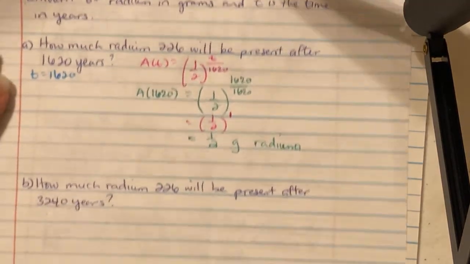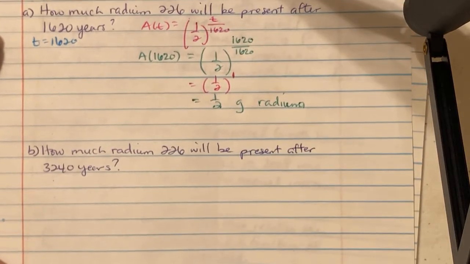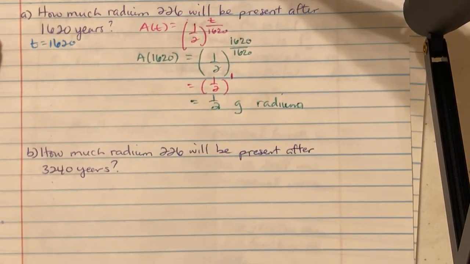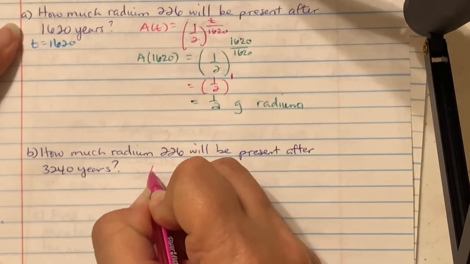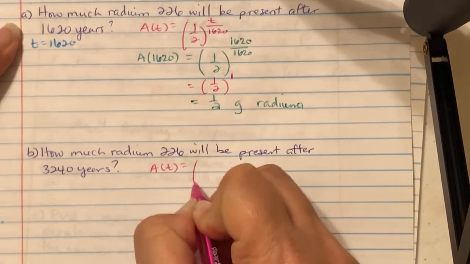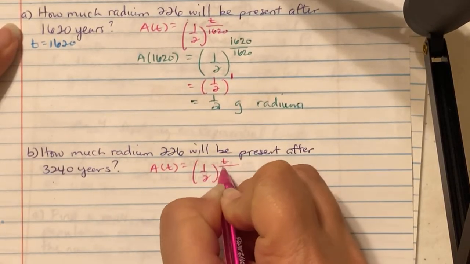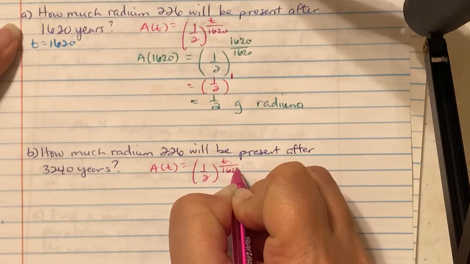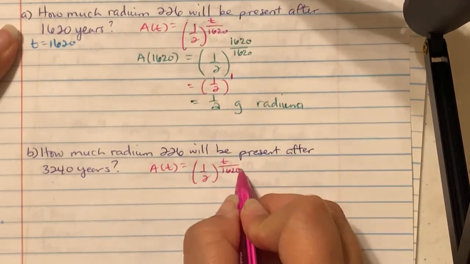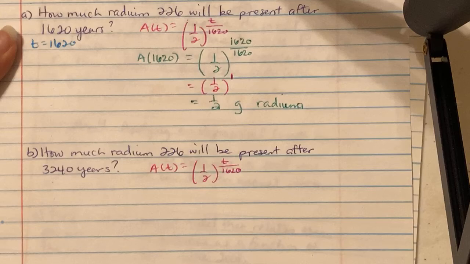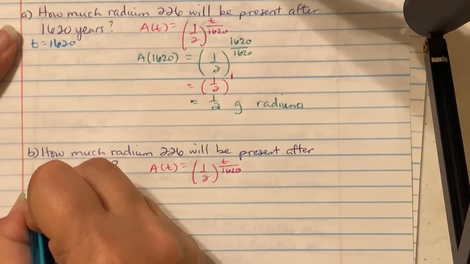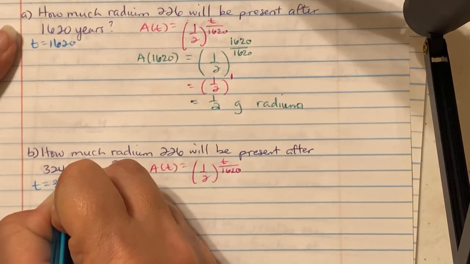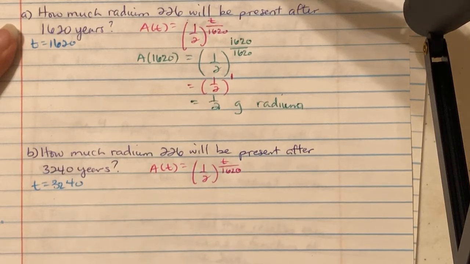So now B says they want us to find how much radium-226 will be present after 3,240 years. So again, our equation, A of t is 1/2 to the t divided by 1,620. And we're replacing the t with the new value, 3240.